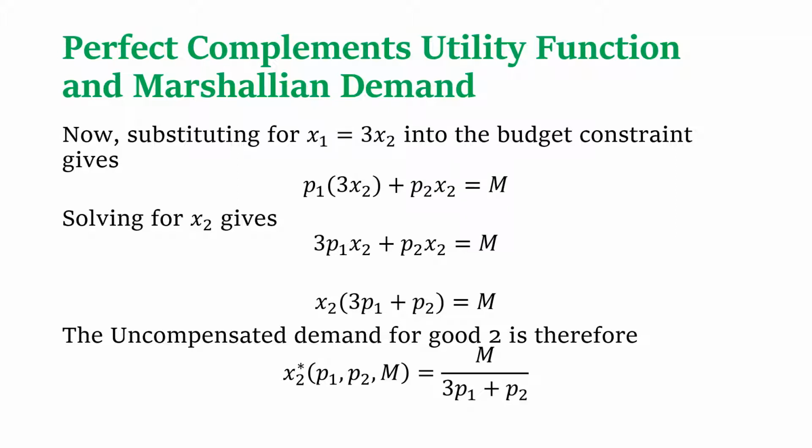And at the same time, it depends on the income of the consumer. Now, if you look here, you notice that the demand for good 2 has an inverse relationship with the prices of good 1 and 2, right? That is to say, if the price of good 2 increases, that is the price of the complement, then the demand for good 2 will fall, right?